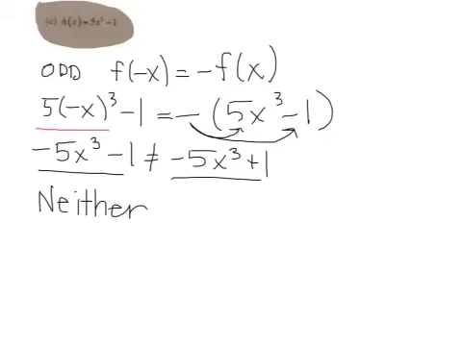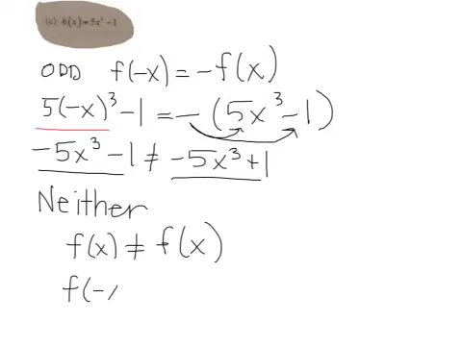If I was writing this out on a quiz or a test, I would say this function is neither even nor odd because f of x is not equal to f of negative x, nor does f of negative x equal negative f of x. So I'm going to use my definitions in my sentence solution.